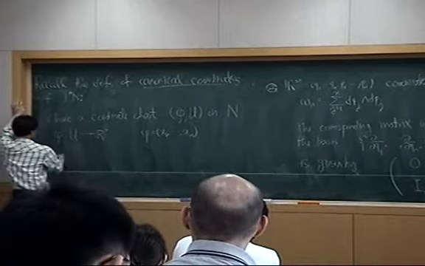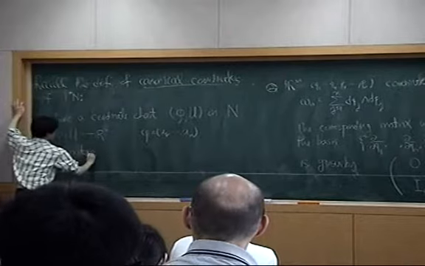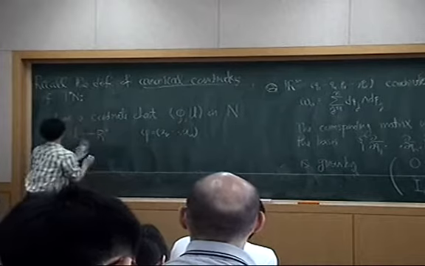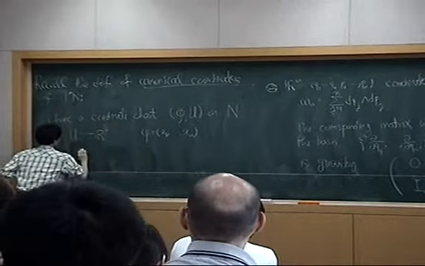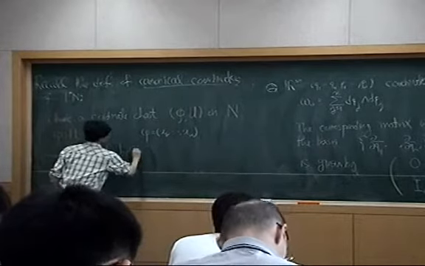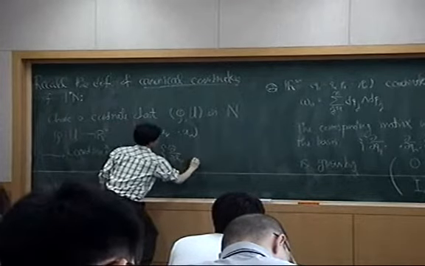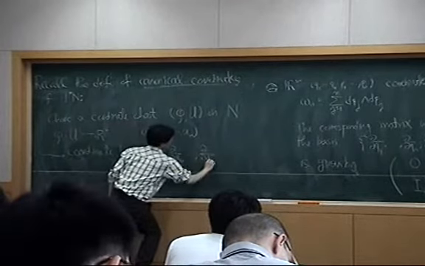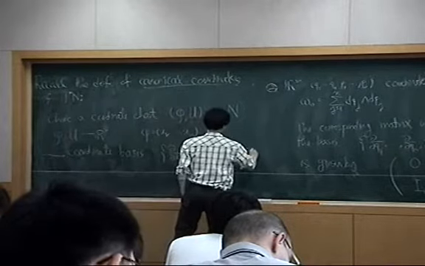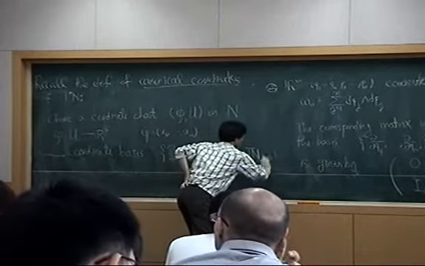So this induces a canonical, natural basis, or coordinate basis, d/dx1, ..., d/dxn of the tangent bundle on U.